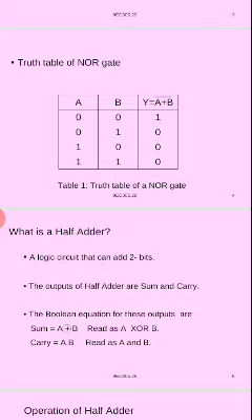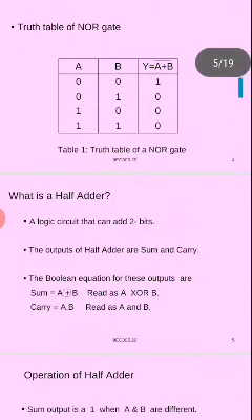If it is the OR operation, it is represented as y equal to a plus b. Hence, the NOR gate is the complement of the OR gate.